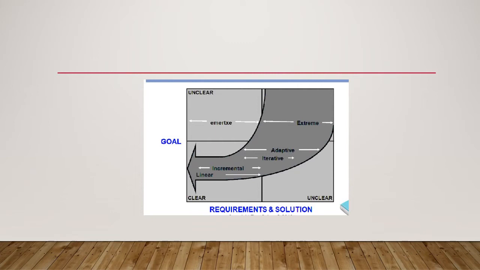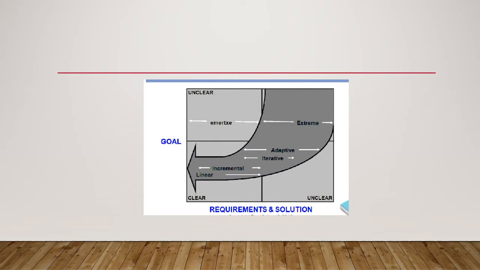As you remember, in my previous video, I presented this project landscape. This tells the whole story about the different types of projects and how it goes from simple to complex. It starts from the first quadrant where the goal is unclear and the requirements and solutions are clear, and continues to be more unclear, both the goal and the solution.